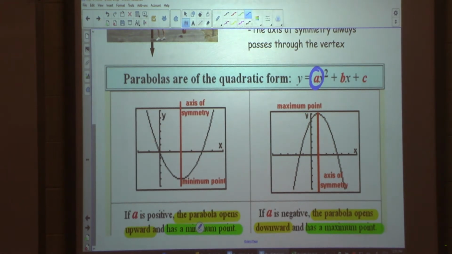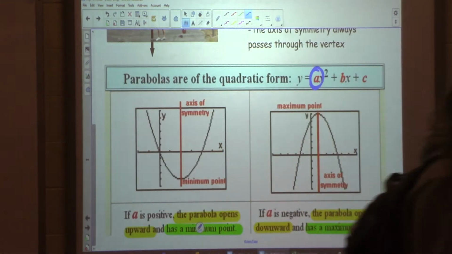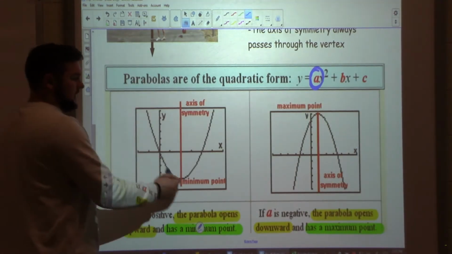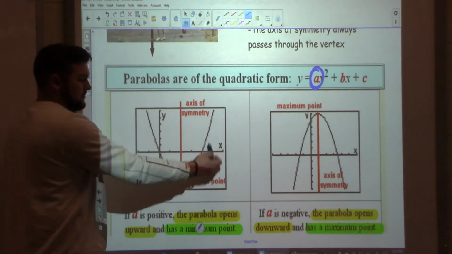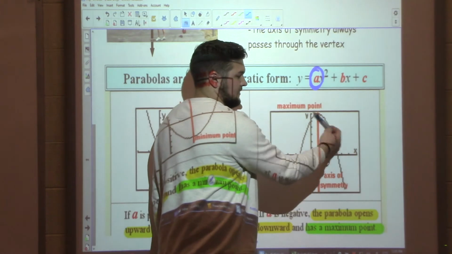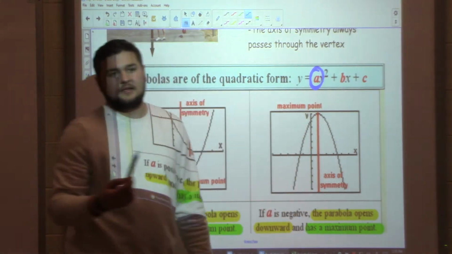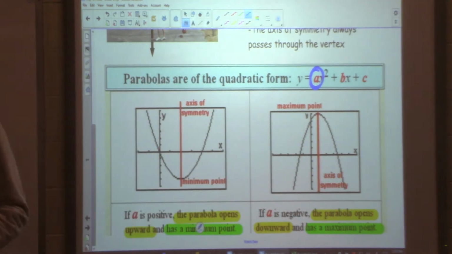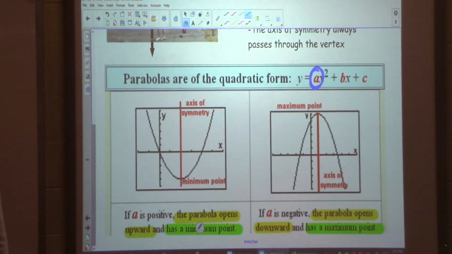Okay. So if that a value, if that number in front of x squared, is positive, then it opens up. It has a minimum point. If that a value is negative, it opens down. It has a maximum point. The way that I like to remember it is if it's positive, it smiles. It's a smiley face.